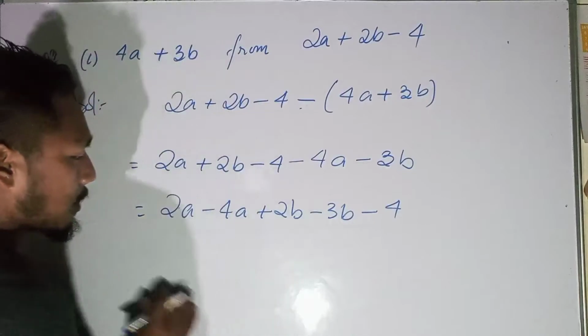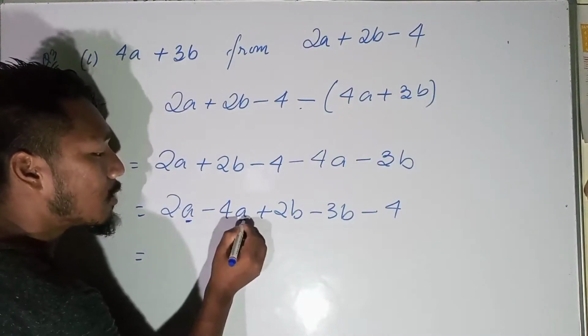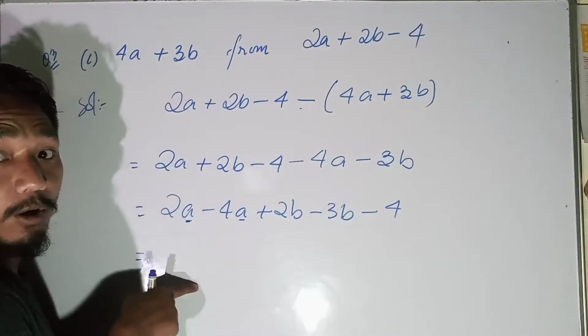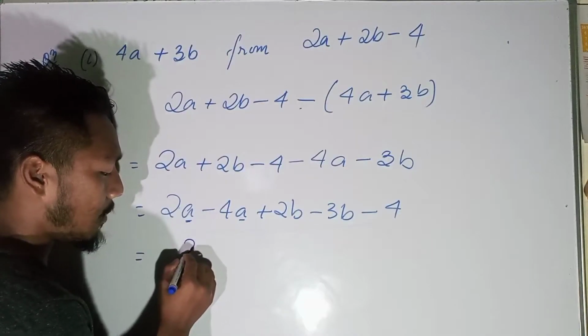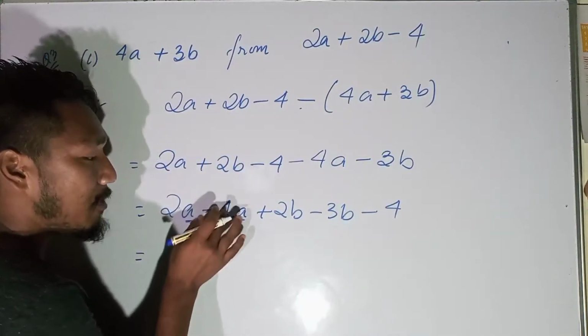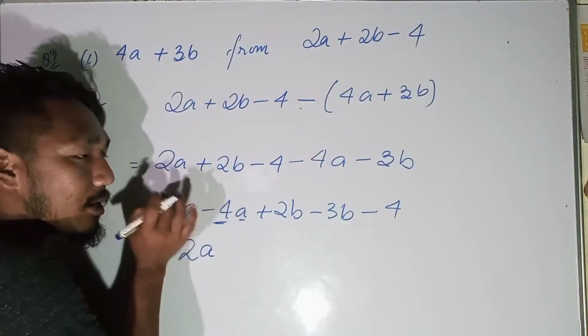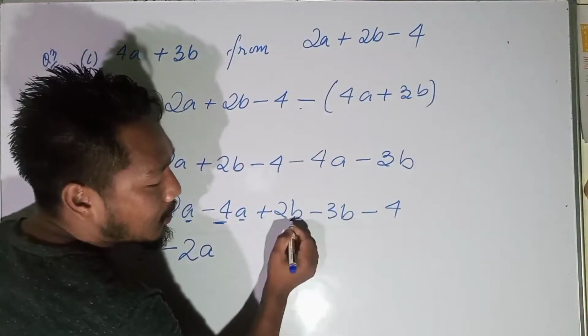If two like terms are there, we only subtract the coefficients. 4 minus 2 becomes 2a, but the 4 has a minus and 4 is greater than 2, so we put a minus: minus 2a.